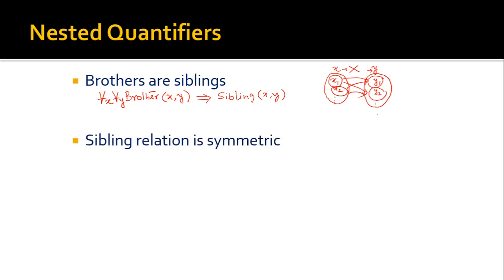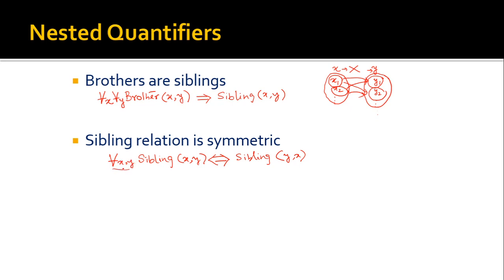Let us try to model this: a sibling is a symmetric relation. How do we model that? We write sibling(x, y) also means sibling(y, x), and sibling(y, x) implies sibling(x, y), and this should hold true for all x, y.